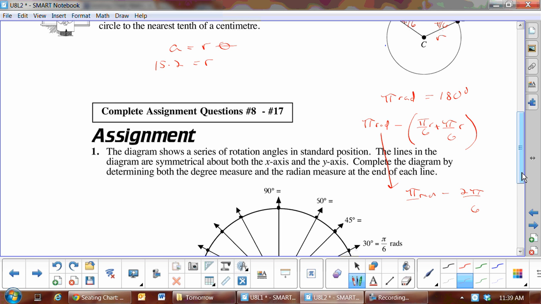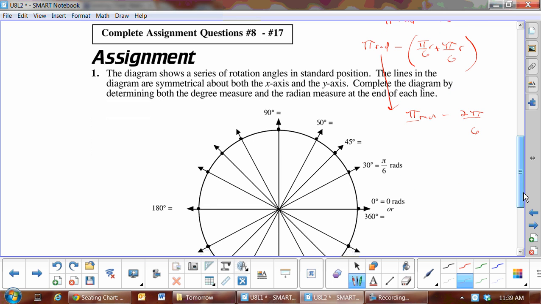So how could I subtract? What's a common denominator? This would be 6 pi over 6 minus 2 pi over 6, which would be 4 pi over 6. Even in your unit circle, 1, 2, 3, 4.